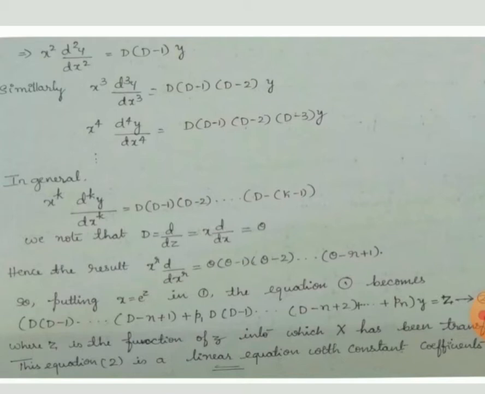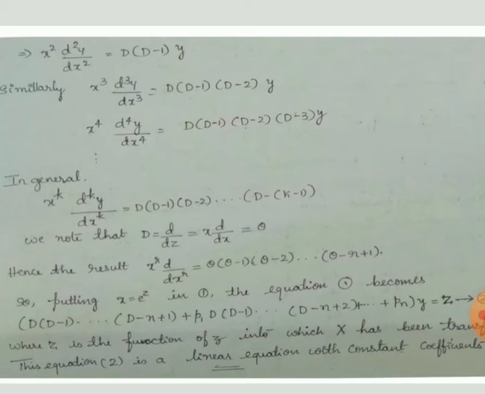So the result in general can be rewritten, here instead of k I will consider r. So xʳ·dʳy/dxʳ is equal to, replacing D by theta, theta(theta − 1)(theta − 2) and so on up to theta − (r − 1). So that is minus in minus is plus, so the last term will be theta − r + 1.